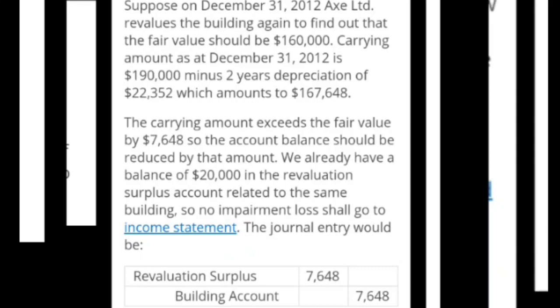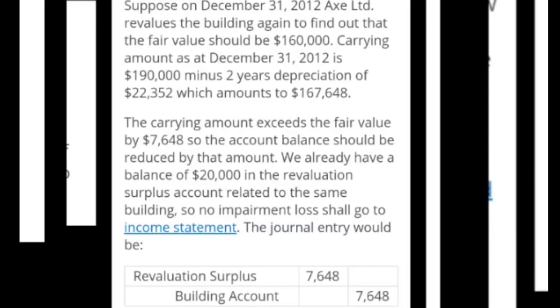For example, suppose on December 31st, 2012, X Limited revalues the building again and finds that the fair value is $160,000. The carrying amount on December 31st, 2012, after 2 years, is $190,000 minus the 2 years' depreciation of $22,352, which amounts to $167,648.